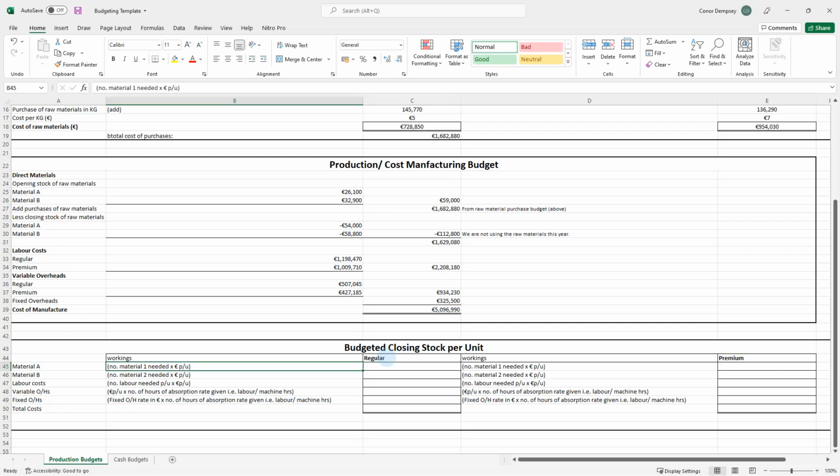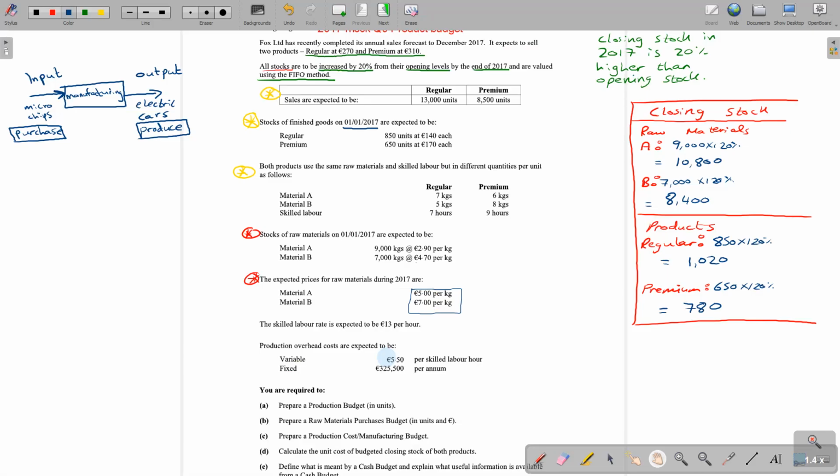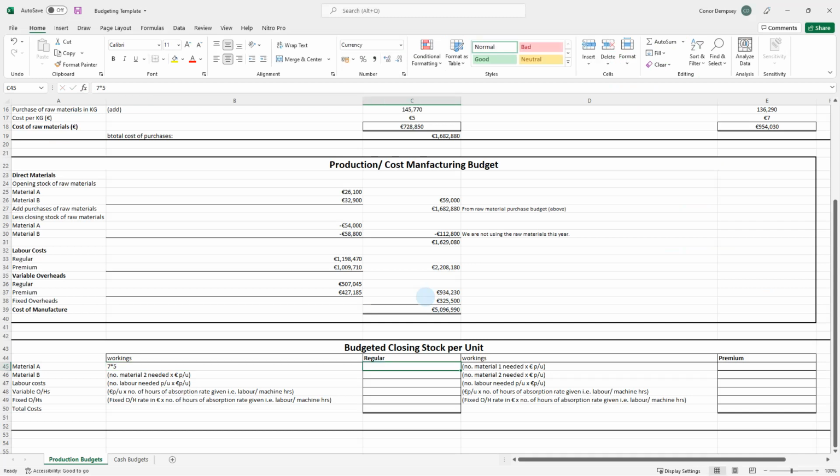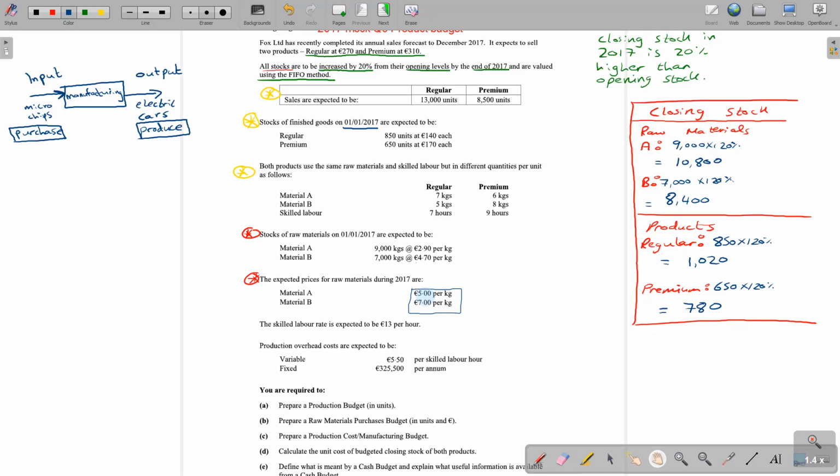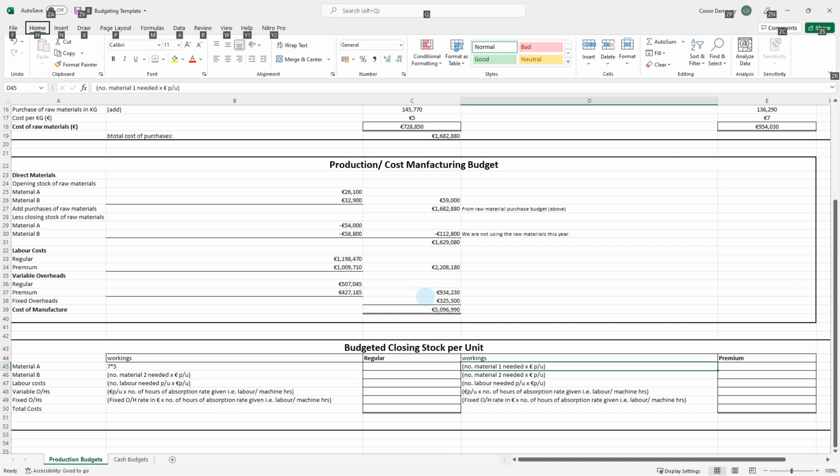So the number of materials needed is 7, multiplied by the price per unit for that raw material. Because we're dealing in 2017 and we're dealing with FIFO, it's going to be €5 per kg. We're going to have 6 by 5.